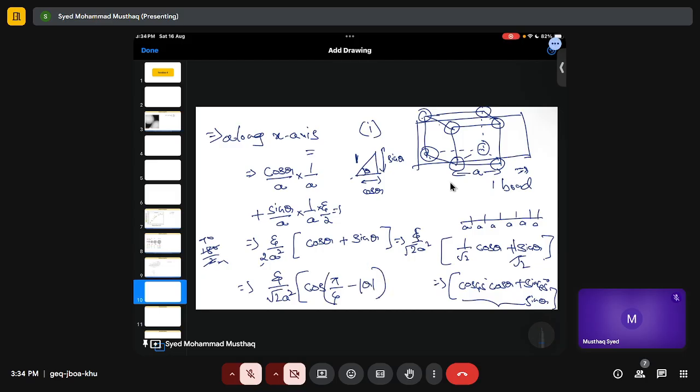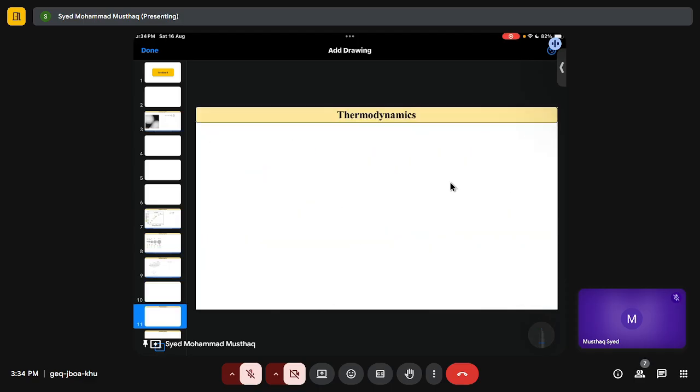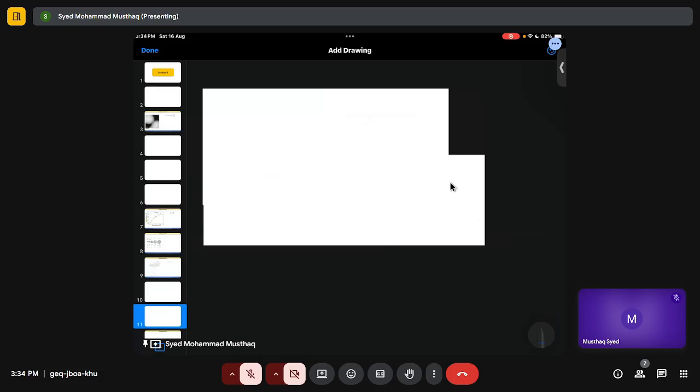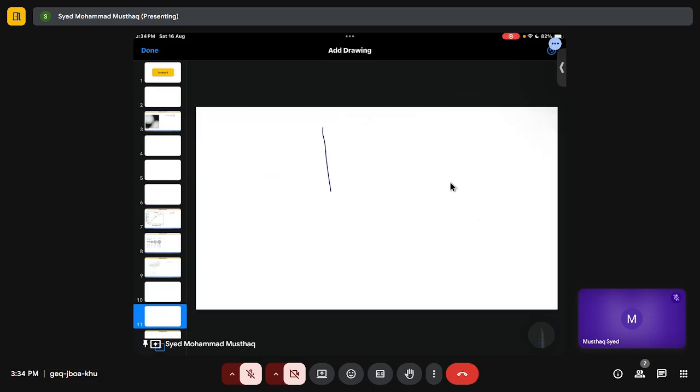See, I have put it as mod because for positive values of theta, you will get the graph like this.